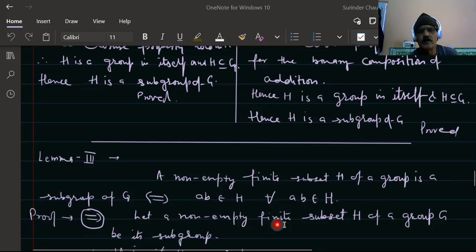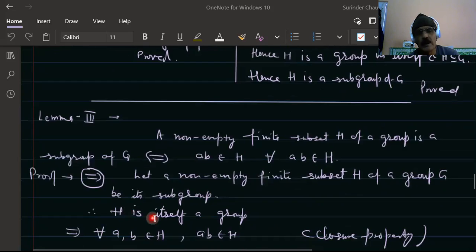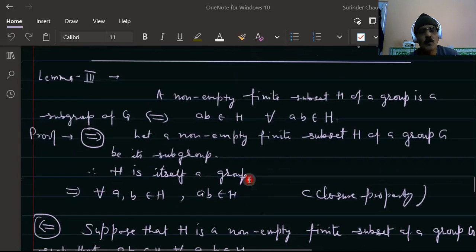Let a non-empty finite subset H of a group G be a subgroup. Therefore, H is a group, so for all a, b belongs to H, the closure property holds. Therefore, H is a group.